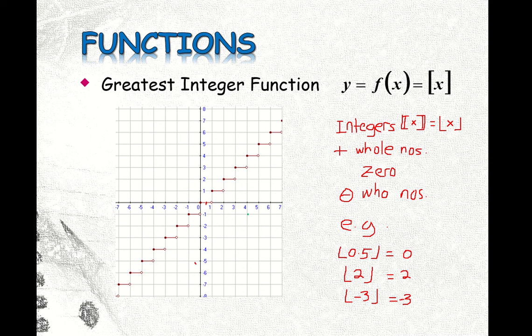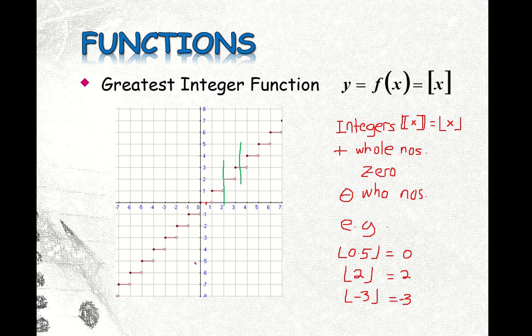So this is considered a function because if you draw a vertical line, it will still pass the vertical line test. For example, if you draw a line here, it intersects only at one point. Now if you draw this line, still it intersects only at one point because this is the solid one, and this is the hollow.